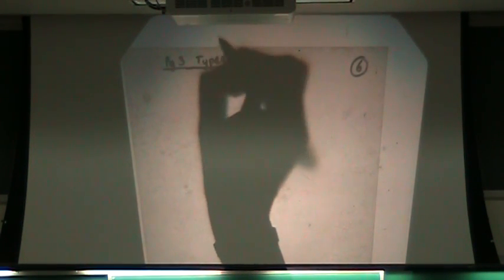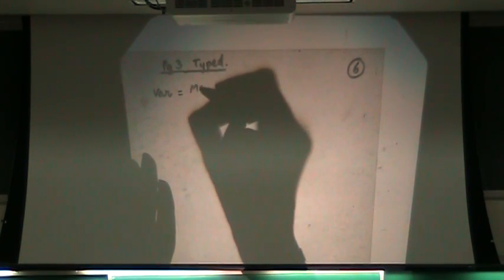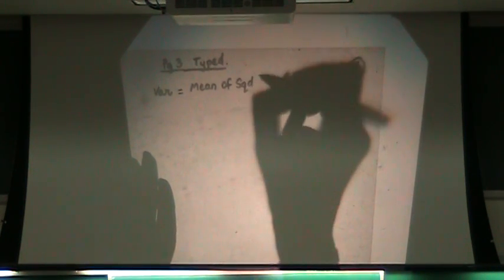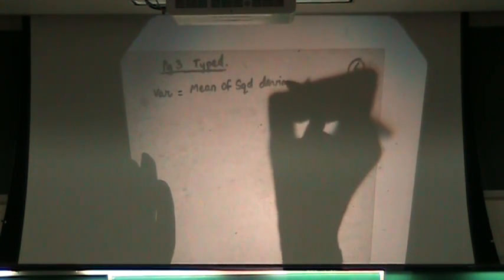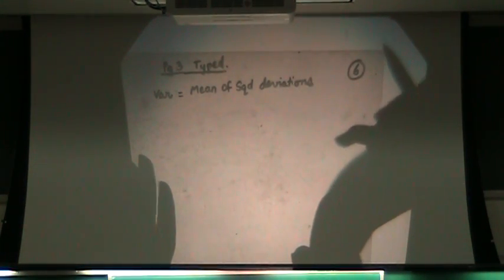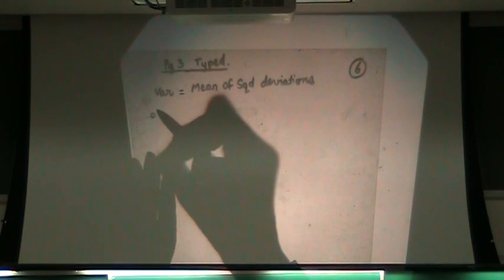Do you remember how we defined variance about a month and a half ago? Variance is defined to be the mean of the squared deviations. You remember that? Remember what the old formula for variance used to be?